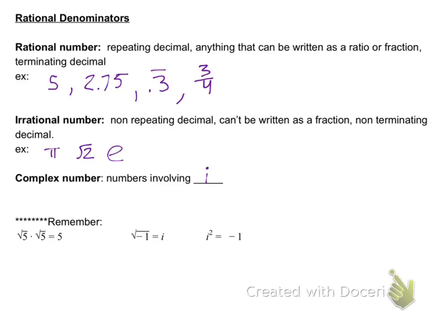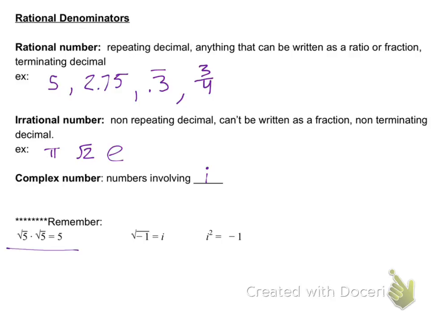Now, below there are a couple of things we need to remember. The square root of 5 times the square root of 5 is equal to the square root of 25, which is just 5. A square root times itself will cancel out the square roots. It's just a number. You're setting up partners to go to the dance, guys.